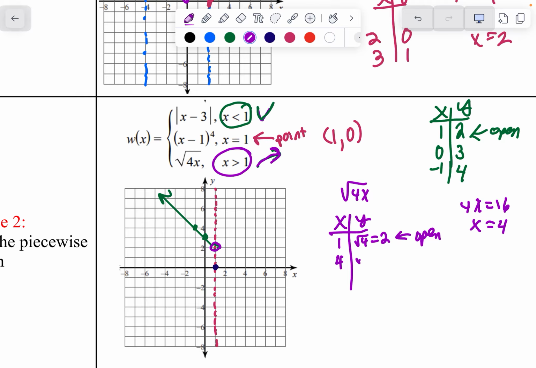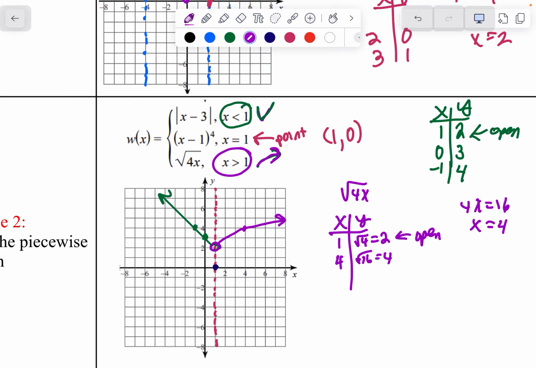The square root of 16 is 4. So at 4, I'm up at 4. So it's just that part of that swoop to the right. It should have been started here, but we have to chop it off because it's not allowed to go across the border. And so we stop it right there instead.